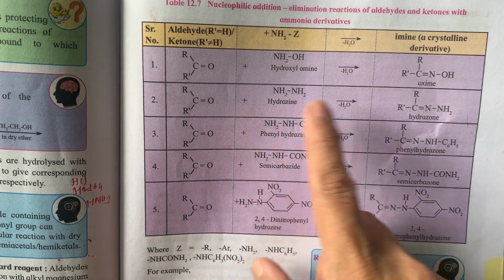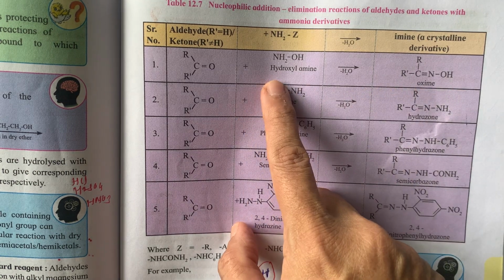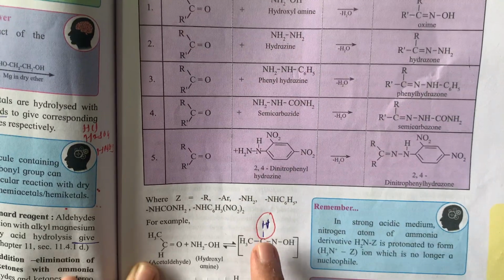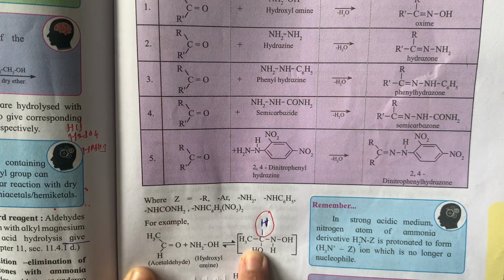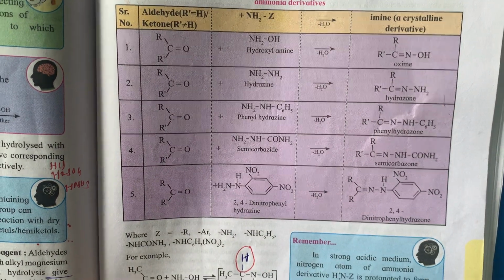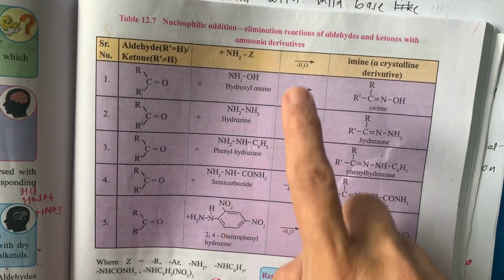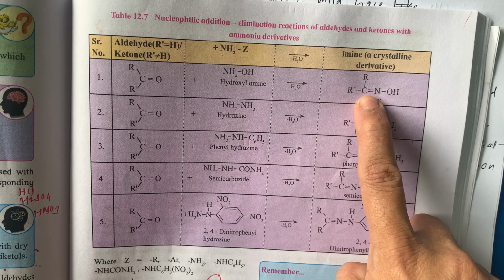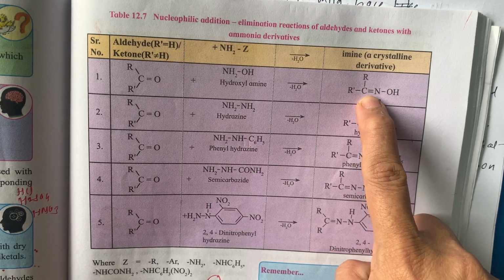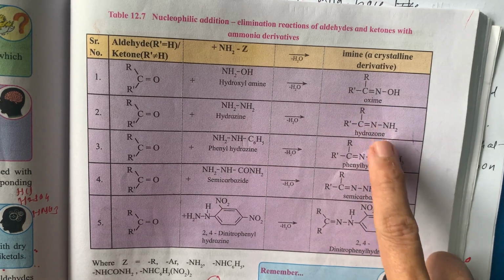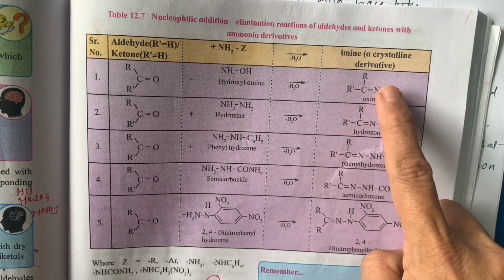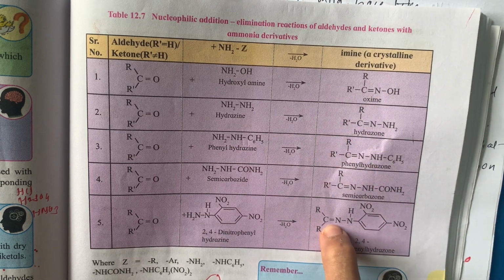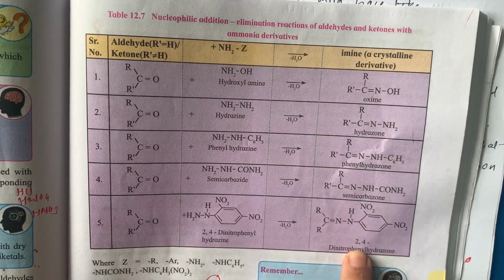Practice all these reactions. First there is addition, then you have to write the addition complex, then you have to eliminate a water molecule everywhere, and you will get the C double bond N bond, that is imine. Everywhere there is an imine bond, and then whatever the substituent is there.